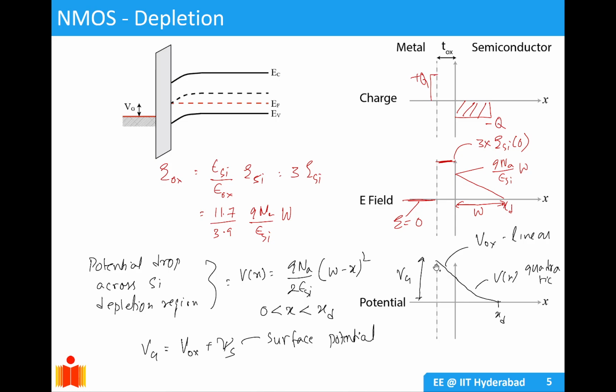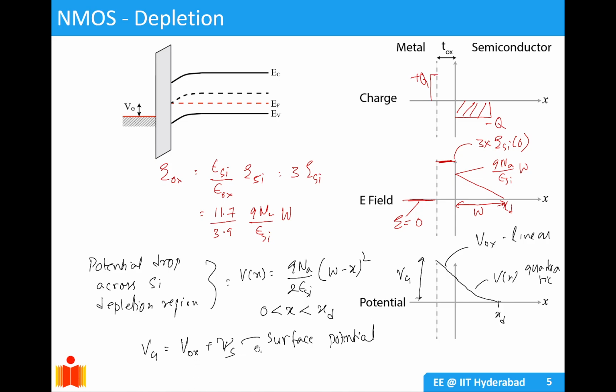So now you can split this into two regions. One is the oxide region and one is the semiconductor region. So the net rise is equal to Vg, but some portion of it is in the oxide, which is called Vox, and some portion of it is in the semiconductor, which is called psi s.